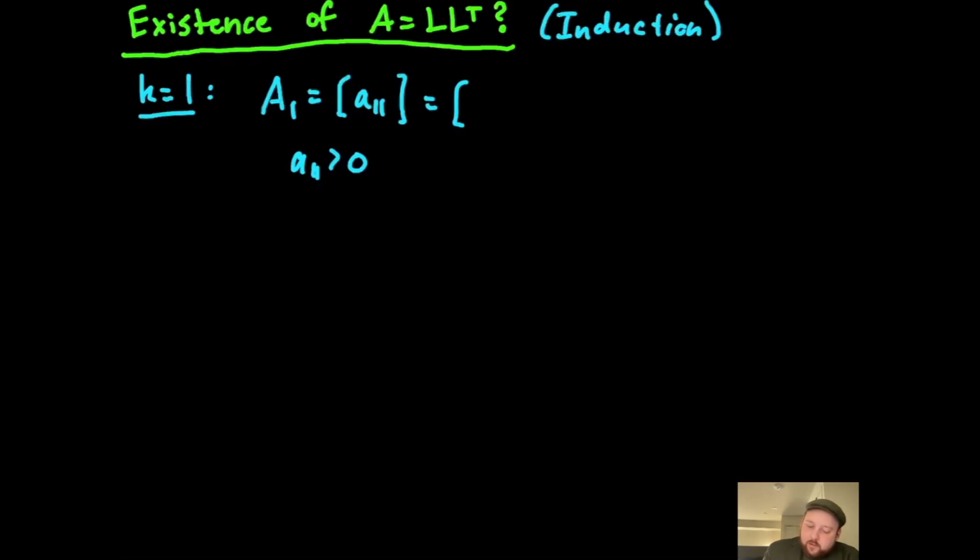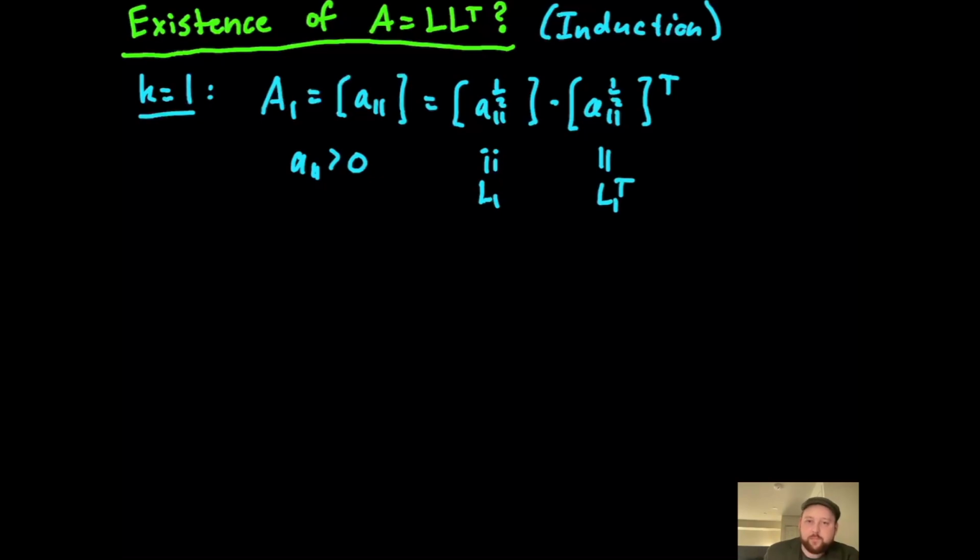So here I would write A11 to the 1/2 times A11 to the 1/2 transpose. Because it's a scalar, the transpose doesn't really matter. And so I'm going to define this as being L1, and then this one would be the transpose of L1.